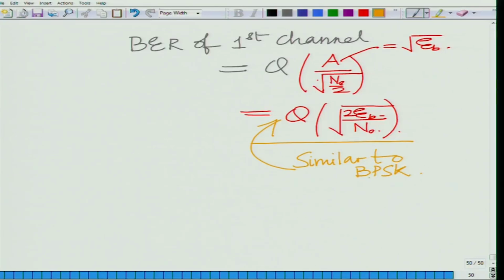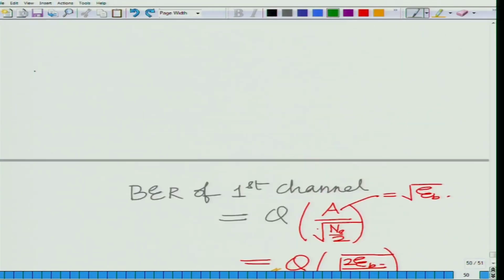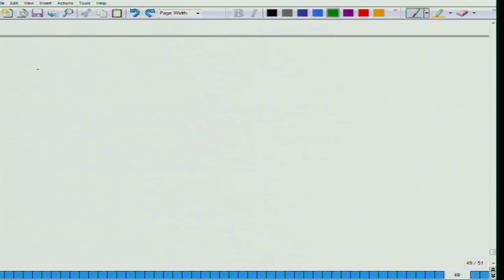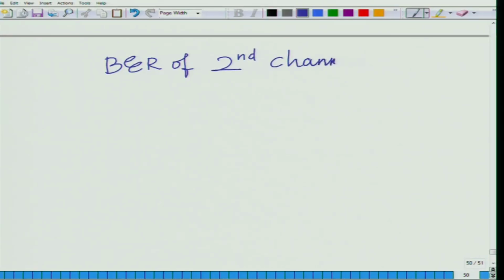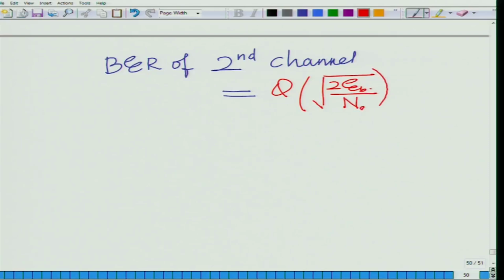Now, similarly, if you look at the BER of the second channel, this is also equal to Q of square root of 2EB over N naught.